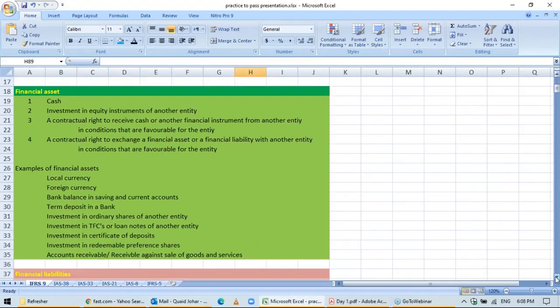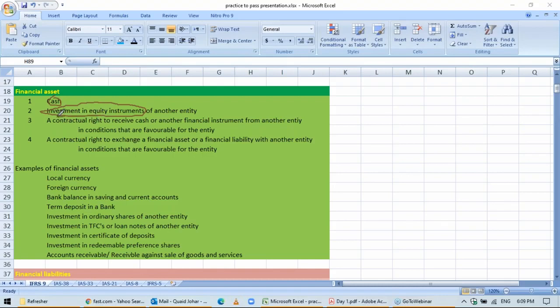So financial asset includes, one, cash. Second, it includes investments in equity instruments, like if you buy ordinary shares of another company, that's investment in equity instruments.